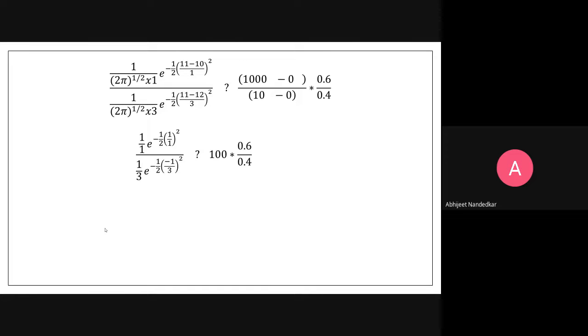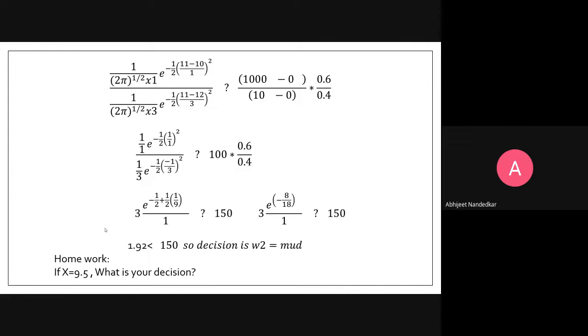Go on solving this. On the left hand side you have this equation in the form of exponential, and the right hand side is 150, which is a constant. If you keep on solving, you will get the ratio as 1.92 and the right hand side is 150. So decision is mud.